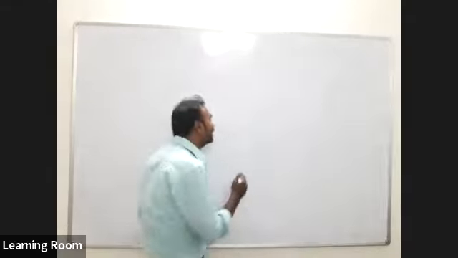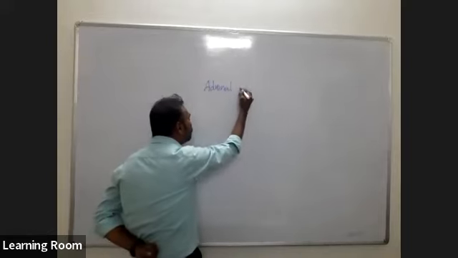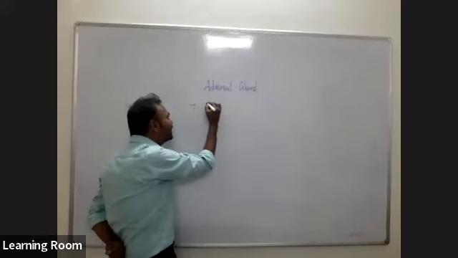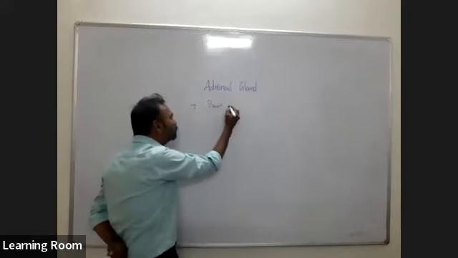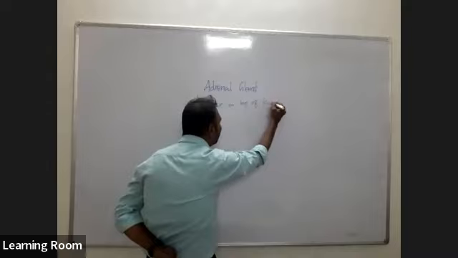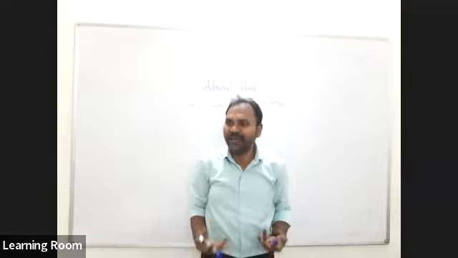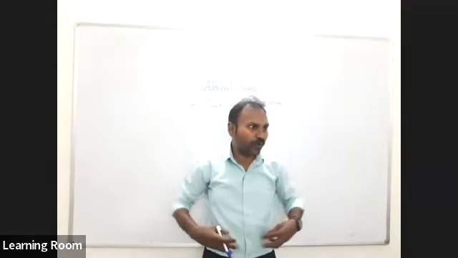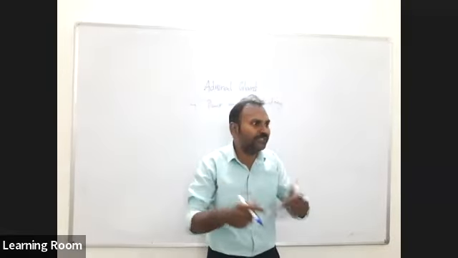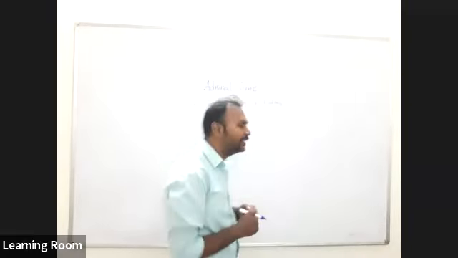Okay. The next important gland is called what? Adrenal. It exists on top of what? We have how many kidneys? Two kidneys. On top of both of the kidneys, we have the adrenal gland.